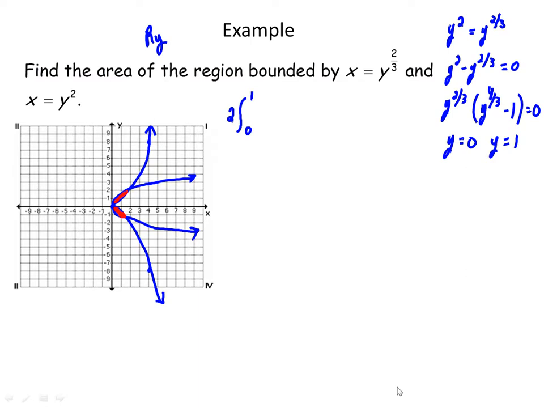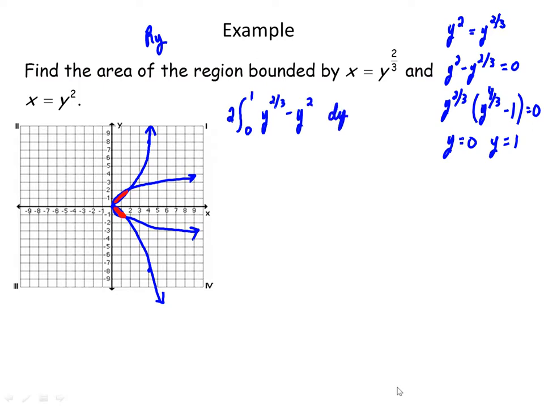Okay, if we are doing an r sub y, are we doing top minus bottom or right minus left? We're doing right minus left. So which one's going to be on the right? Y to the 2/3, good. Minus y squared. And we're going to integrate with respect to y.